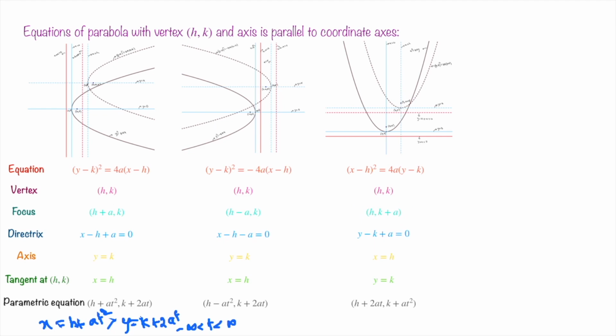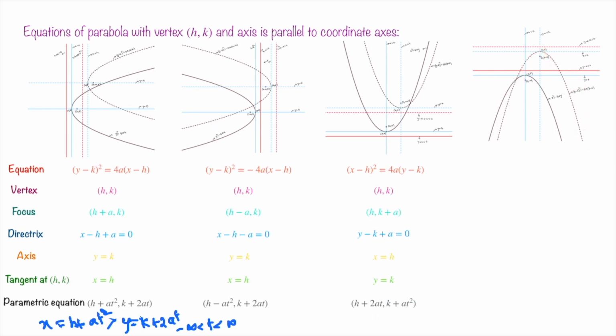The directrix is y minus k plus a equal to 0, this horizontal line, and the axis is this vertical line x equal to h. The tangent at the vertex is the horizontal line y equal to k, and the parametric equation of this dotted parabola is x equal to h plus 2at, y equal to k plus a t square. Okay, next.